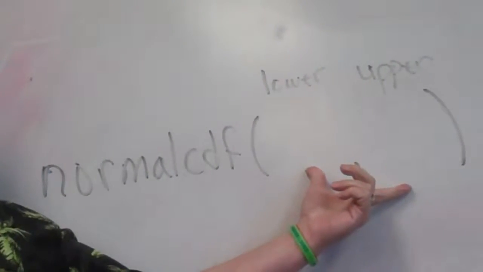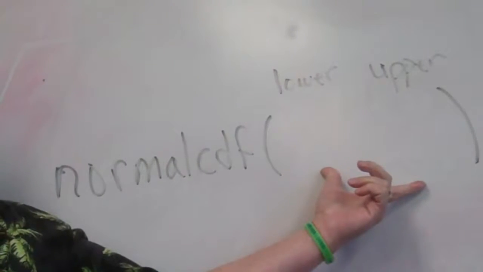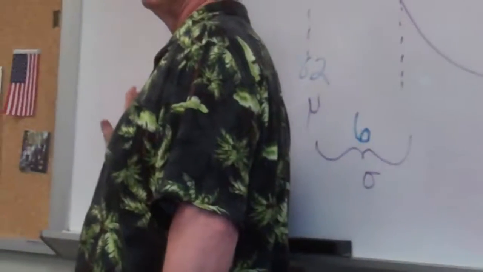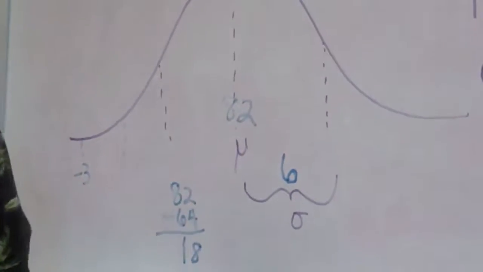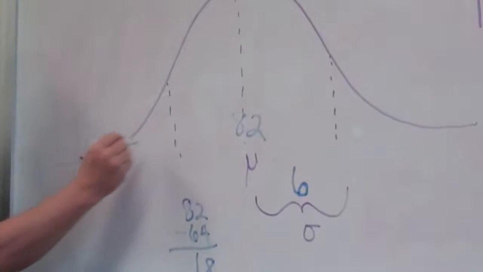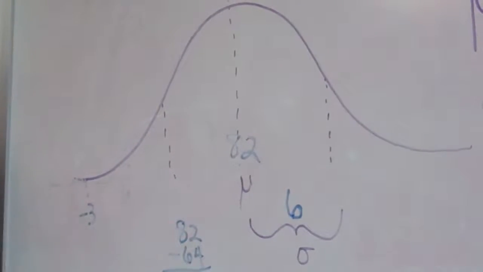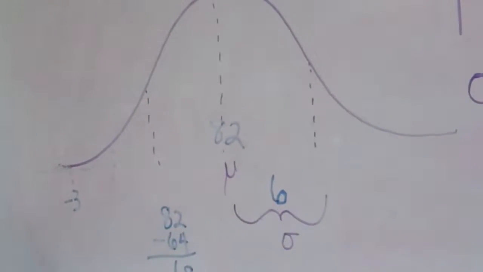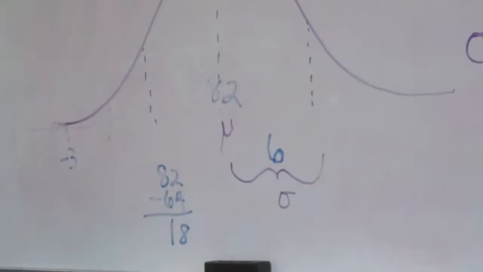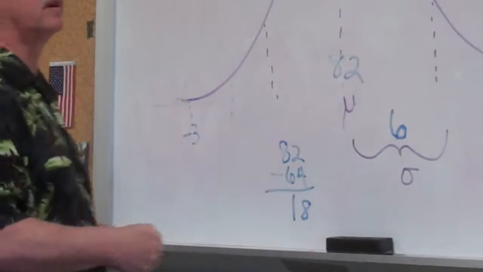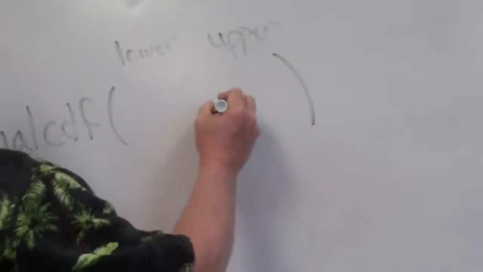So anyway, what I want to put in there is between what two z values I'm interested. Well, I'm kind of interested in everything to the left of -3. I'm kind of interested in how much curve is right out here. I know it's not much. I know it's a very small amount. So I want to go between way out there and -3. So I'm going to put -3 here.